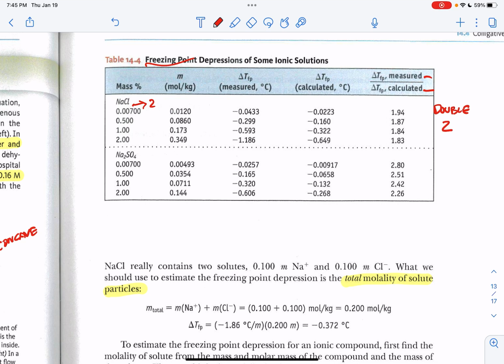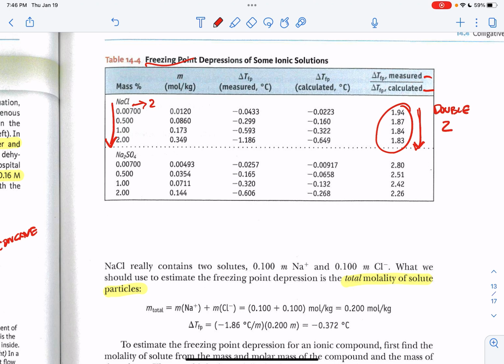And you notice that it doesn't quite do that. In fact, you can see a pattern here, that as my concentration gets greater and greater, the colligative property effect from the ionic compound drifts farther and farther away from the idealistic value of 2.